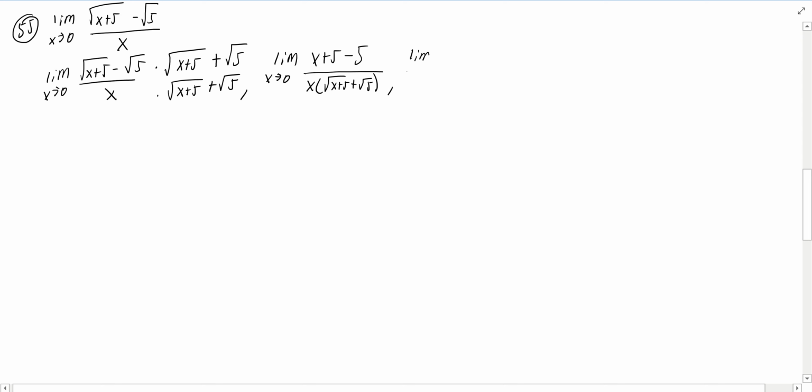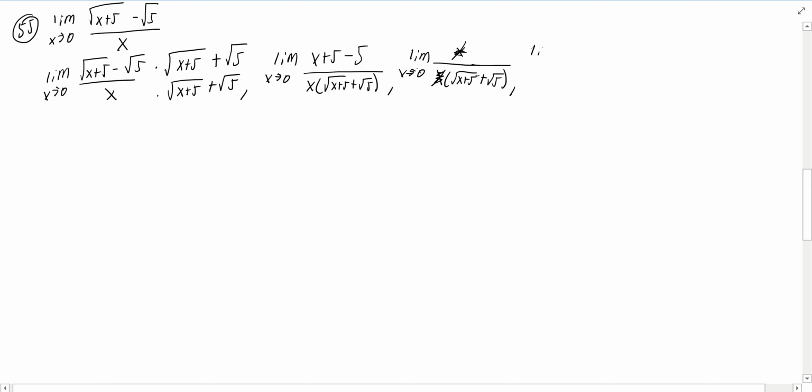And then what this is going to end up doing is simplify up here to the limit as x goes to 0 of x all over x times the square root of x plus 5 plus root 5. So once again here we have a common term of x in the numerator and denominator, so we're going to cancel those, like this, so you can actually see it.